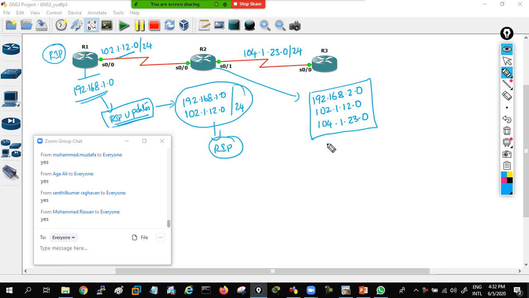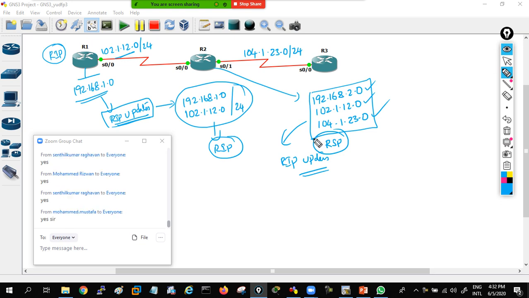These networks you advertise in RIP, so these updates we call RIP updates. What updates did you advertise in RIP? The 192.168.2 network, 102.1.12 and 104.1.23. Is it clear everybody, from the router 2 perspective? Say yes if you understand R2.